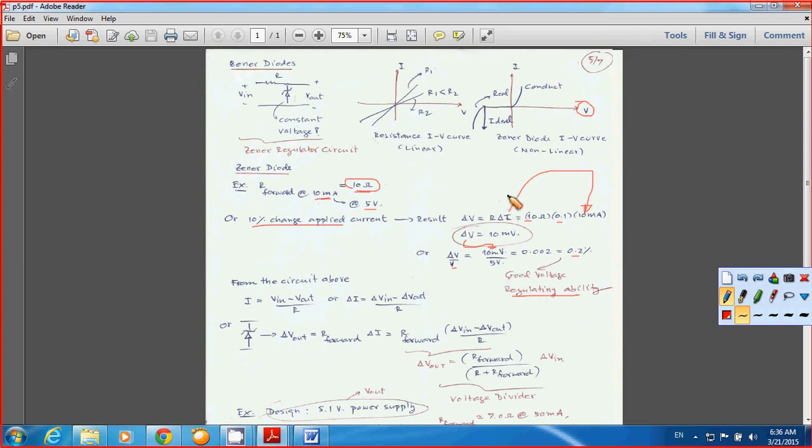You try to avoid a large percent change of the output voltage, as I discussed before. When you use a resistor, you have voltage drop, output voltage drop, when you connect the load to the circuit. But here, when you use the Zener diode, the percent change of the output voltage is very small. This one is 10 milliamp at 5 volt. That's why you divide 10 millivolt by 5 volt.